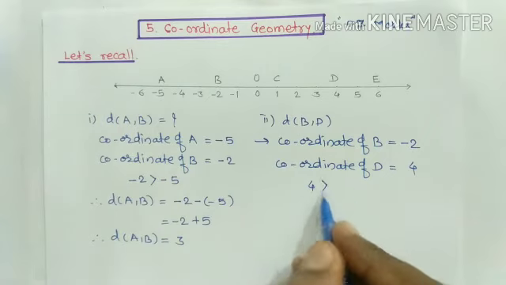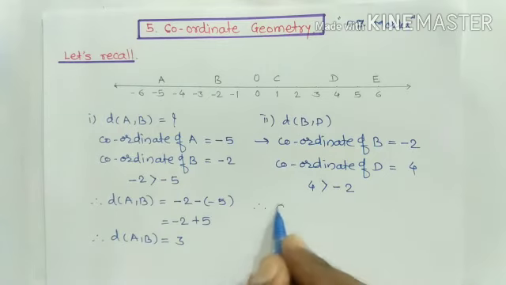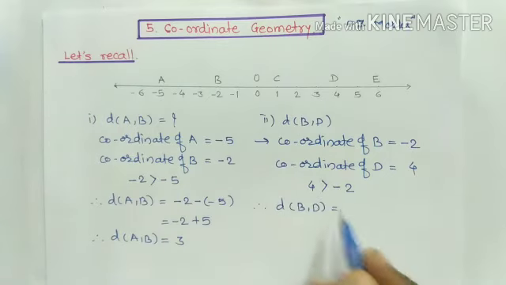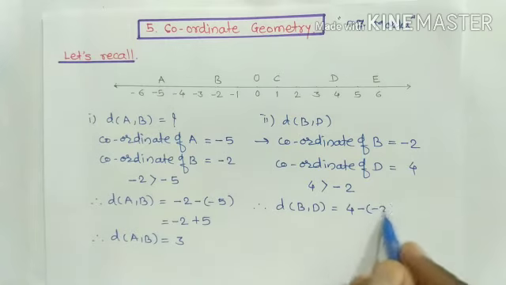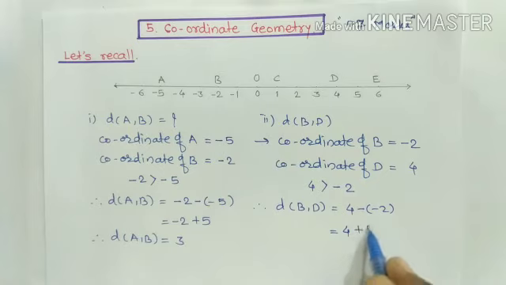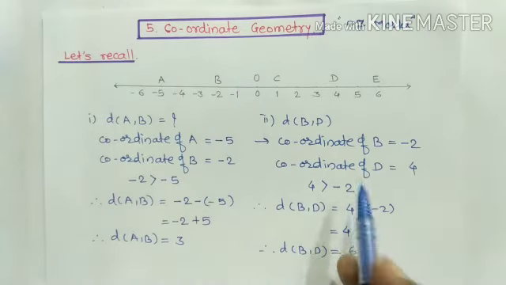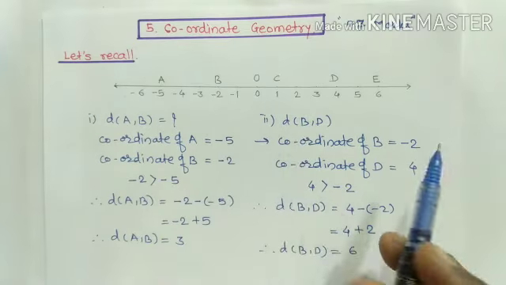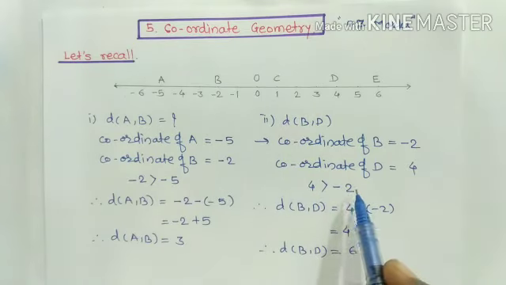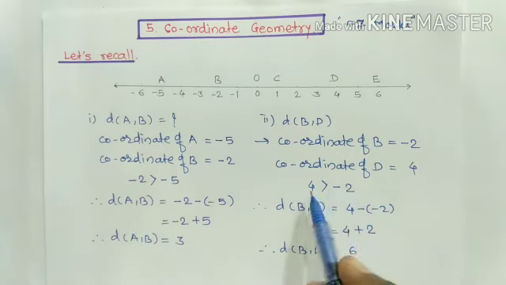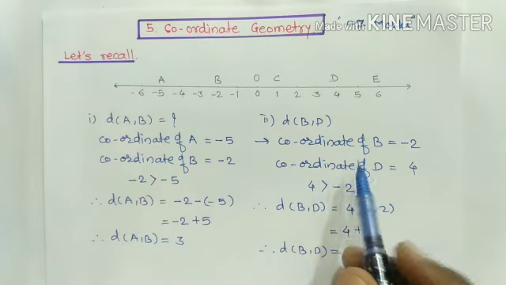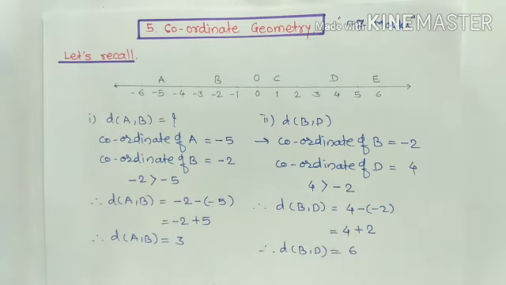Here 4 is greater than -2, and therefore distance BD equals 4 minus -2, which equals 4 plus 2, it equals 6, and therefore distance BD equals 6. In this way we can find the distance between any 2 points on the number line by subtracting the smaller coordinate from the larger one. You can find the distance between any 2 points on the number line.